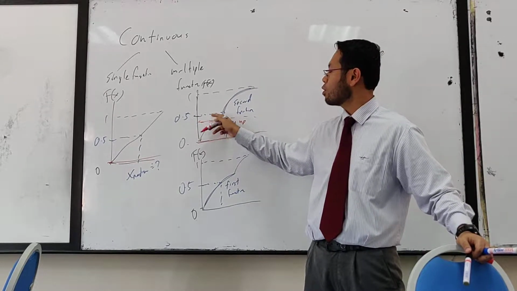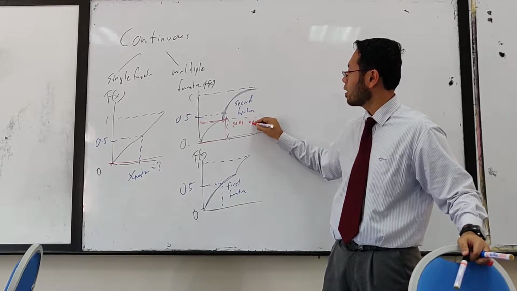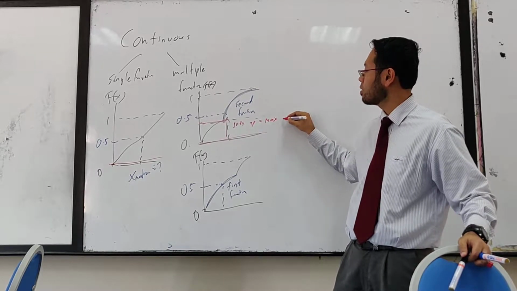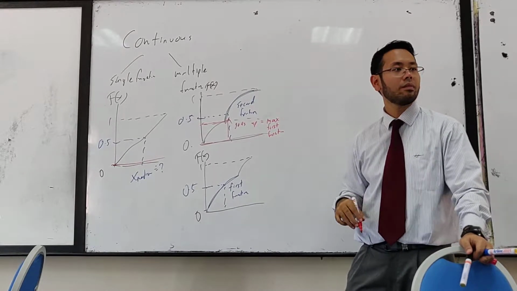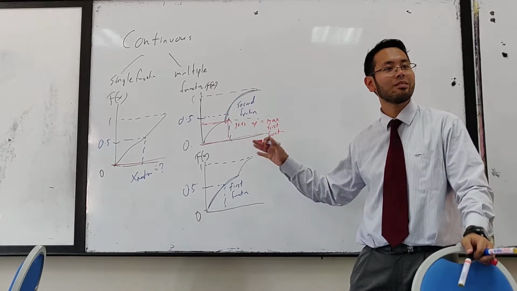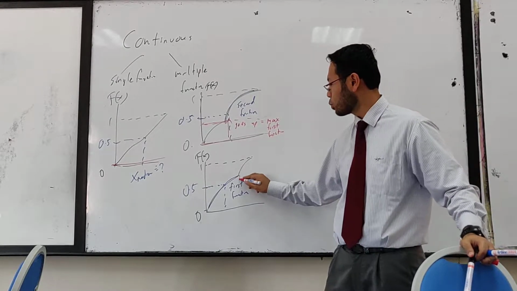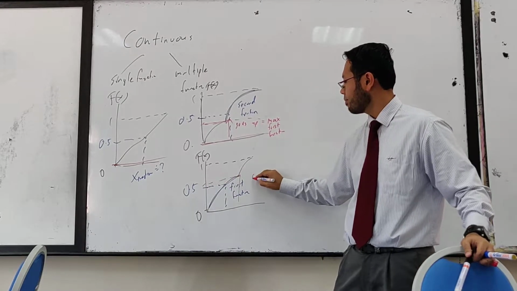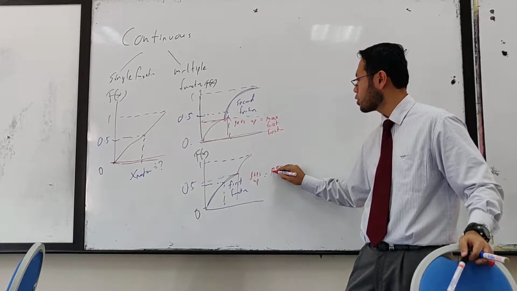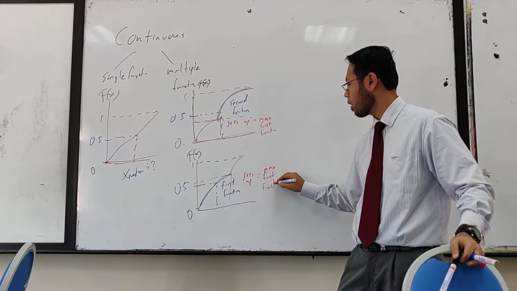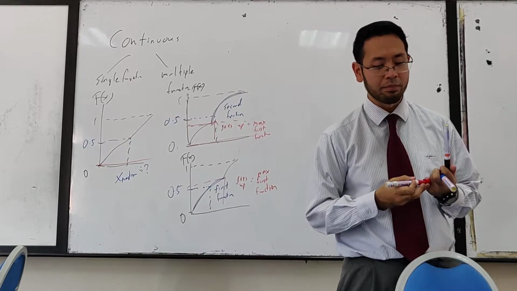We can say it's not 0.5. It goes up by the maximum of the first function. Might be 0.3, might be 0.2. This is just the case. You get the idea. Same goes for this one here. It goes up by how much? The maximum of the first function. That's the general idea. So let's go through some examples.